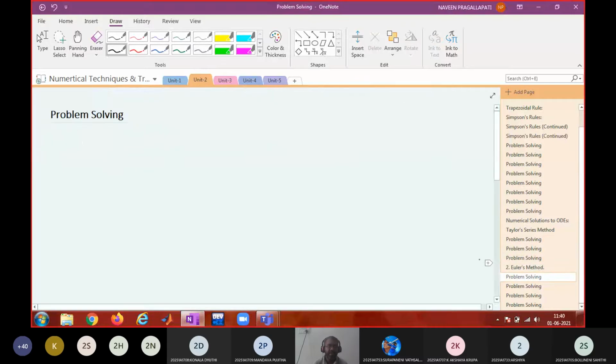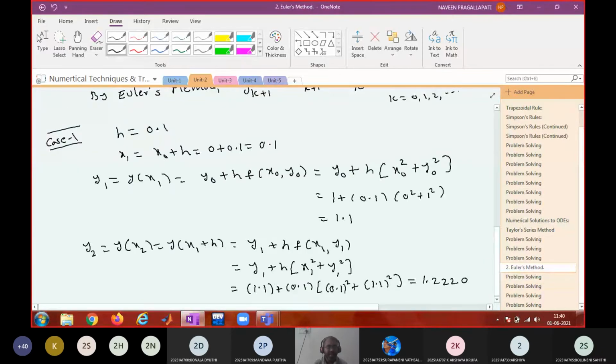So case 2, directly you take h equal to 0.2. Then okay, so previously let me write it as y of 0.1.